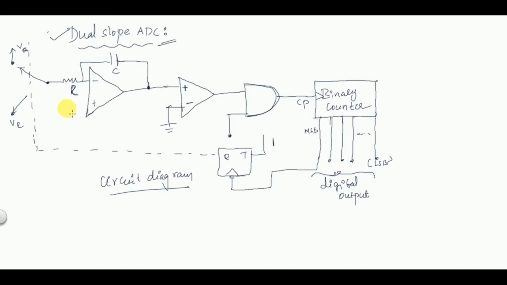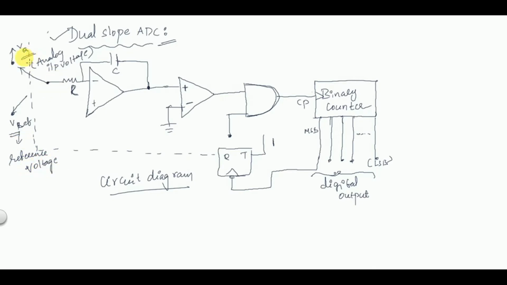In dual slope ADC, first of all you have two inputs, VA and VR. VA is your analog input voltage and V reference is your reference voltage.